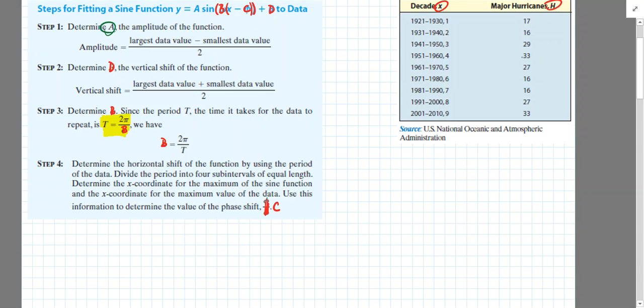I could go back to the graph and look at it, but I can also look at the data points that are here. The largest value was 33, the smallest value was 16. So when I need to compute my amplitude, I'll use the numbers 33 minus 16 and divide that by 2.